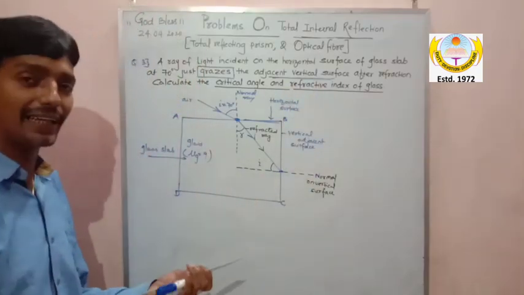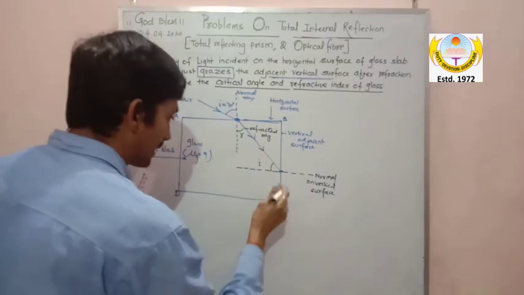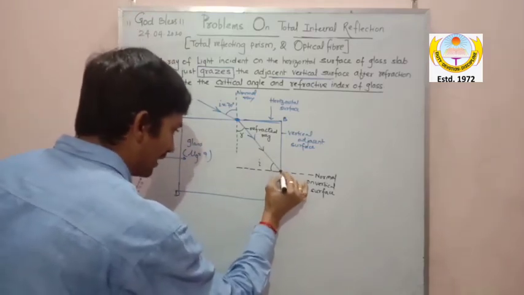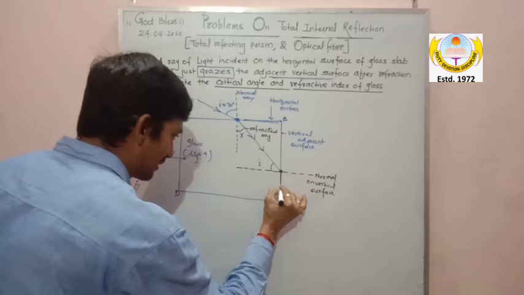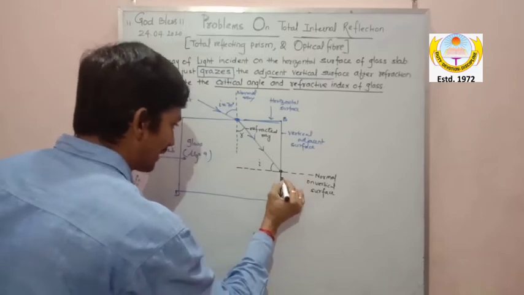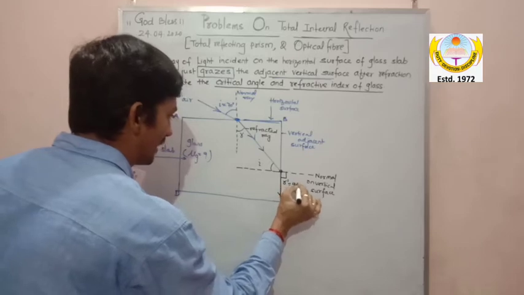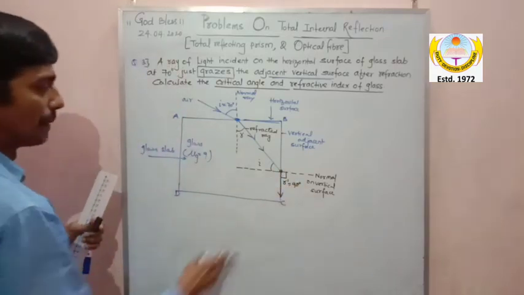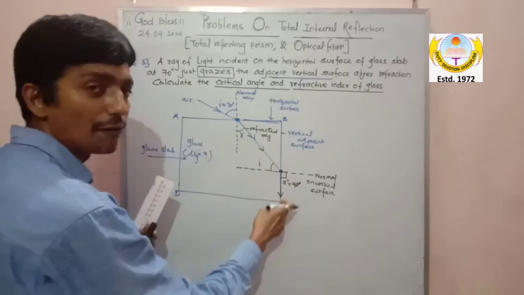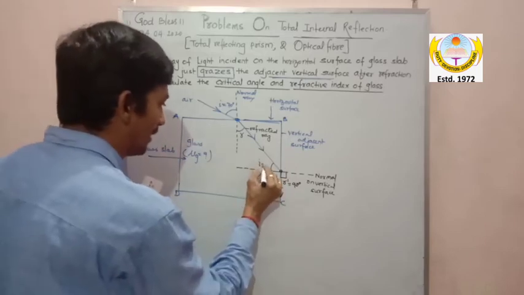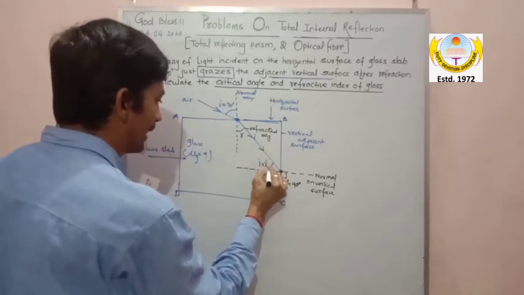Matlab light after falling here, it will go like this. That is, it makes an angle of r dash of 90 degree. But my dear, this refraction of 90 degree is possible only when this i is equal to IC.